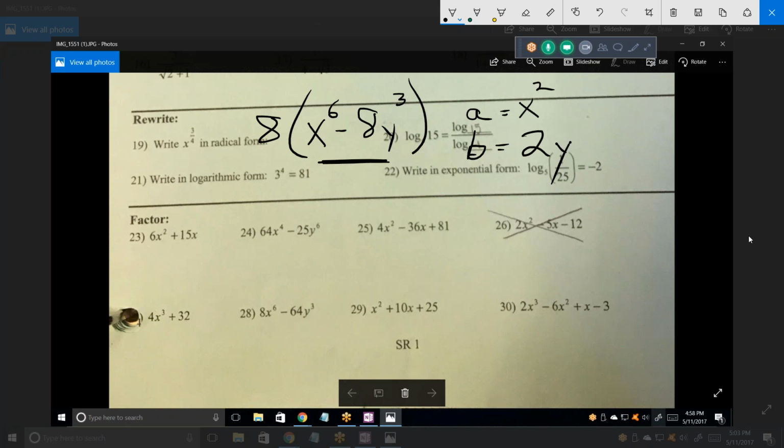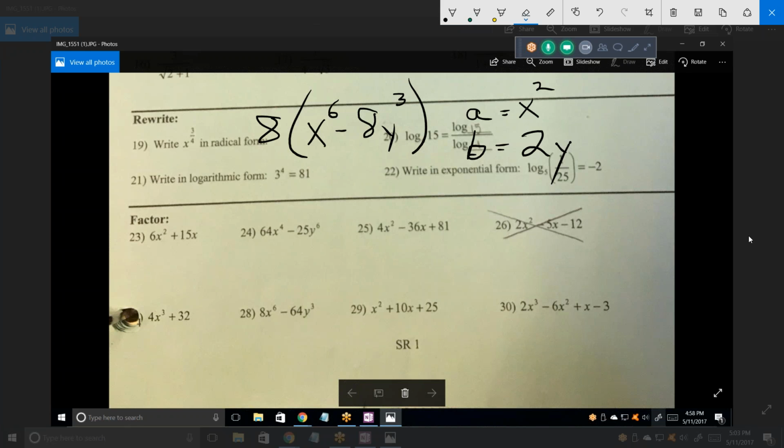In other words, that is b cubed. So if I want to figure out what b is, I have to take the cube root of 8y to the 3rd, which is taking the cube root of 8, which gives me 2. And to take the cube root of y to the 3rd, I divide the 3 by 3, I get y to the 1.